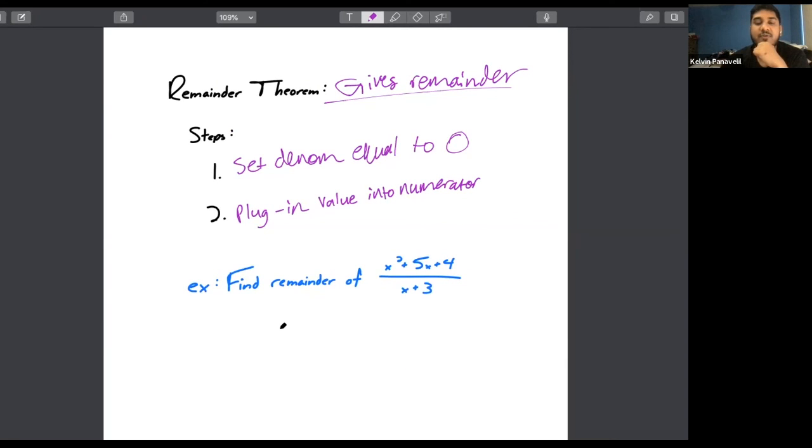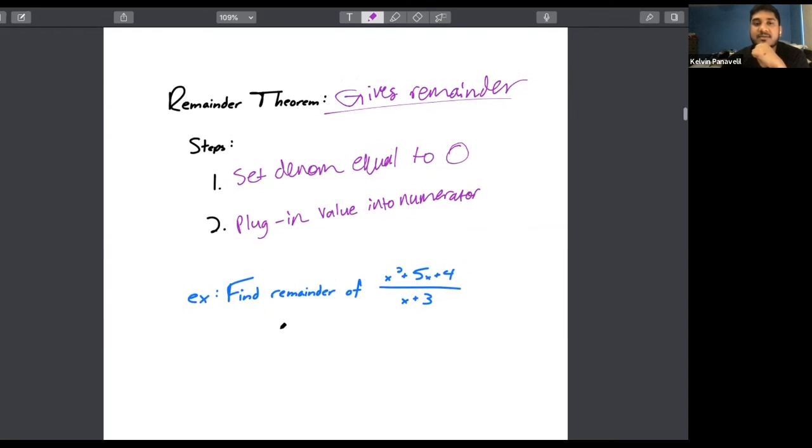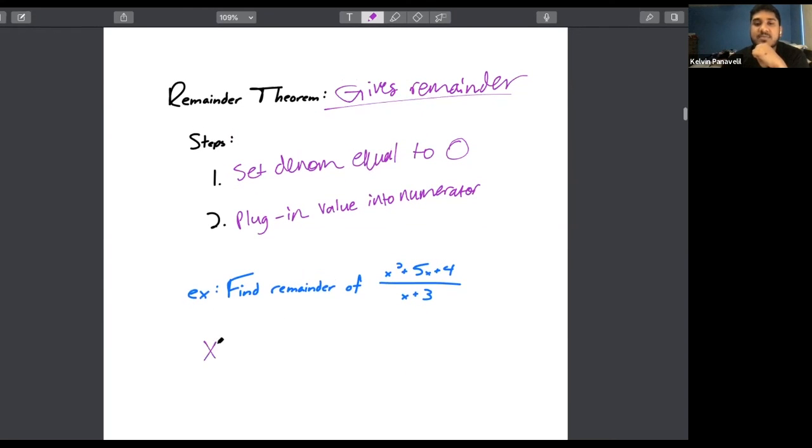So the first thing, x plus 3 equal to 0, what's x going to be? Or what value of x is going to make the denominator 0? Really good. X equals negative 3. So the remainder, when you divide these two equations, is what?